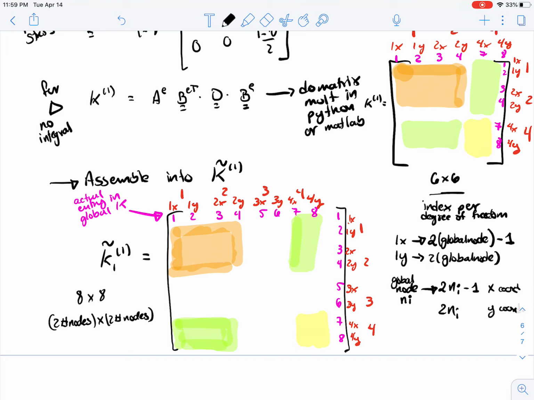I know this is a little bit confusing, and probably the drawings with the shaded area are a little bit clearer, but for the code, what you need to be able to code is this mapping.